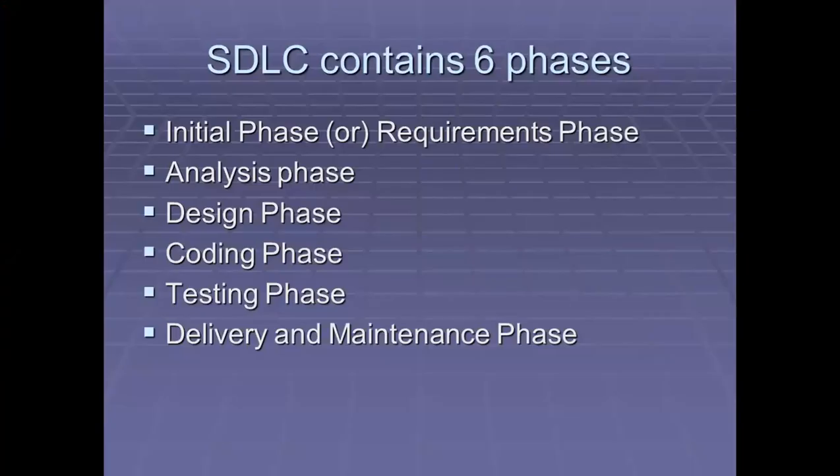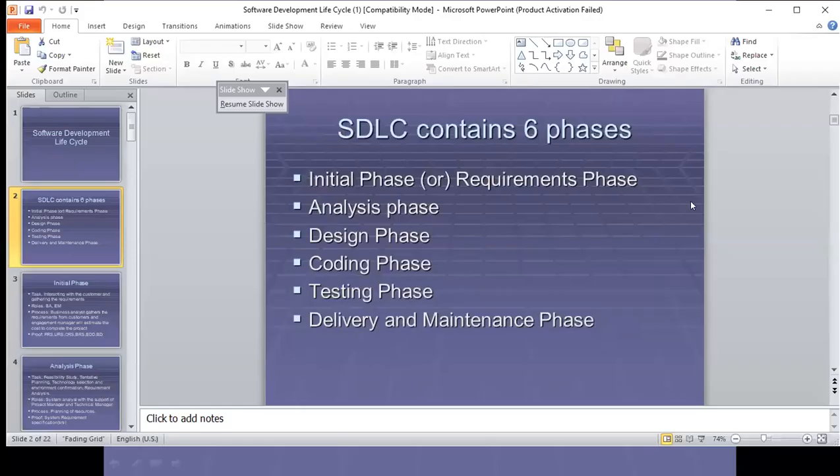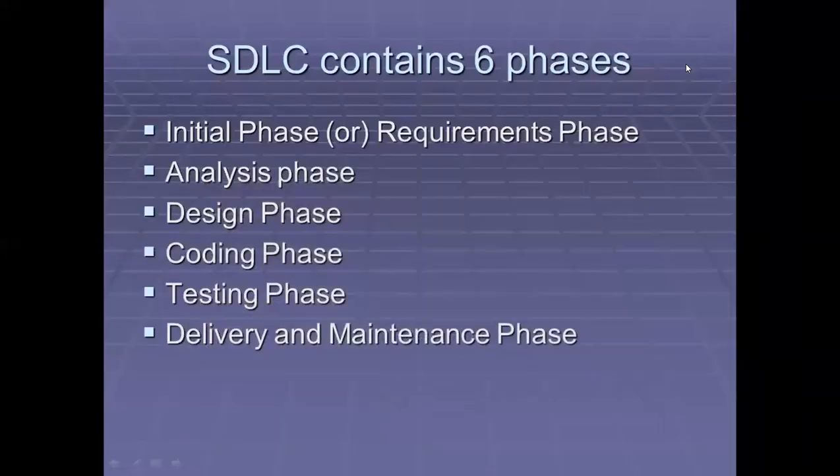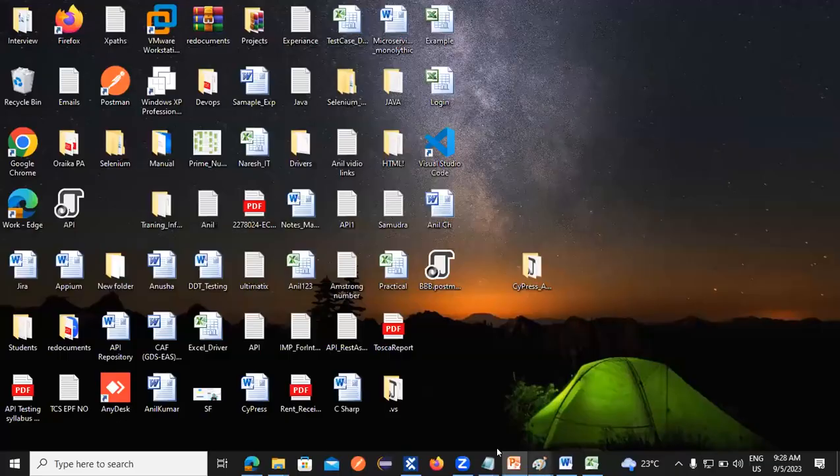Who will be there in this initial phase? The BA, the business analyst, gathers the requirement from the customer. Once the business analyst gathers the requirements, he will store all of them inside one document, that is the URS document.